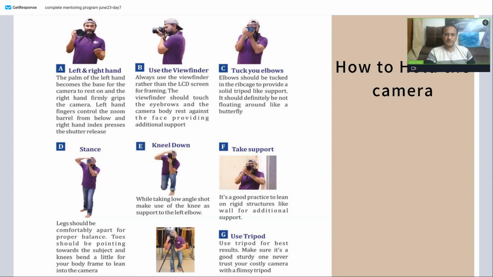Fine. Back to the presentation. Right. So this is step number A, step number B, and step number C. Why use a viewfinder? I told you, right? It gives you support from the back. If you're using the LCD, what will happen?